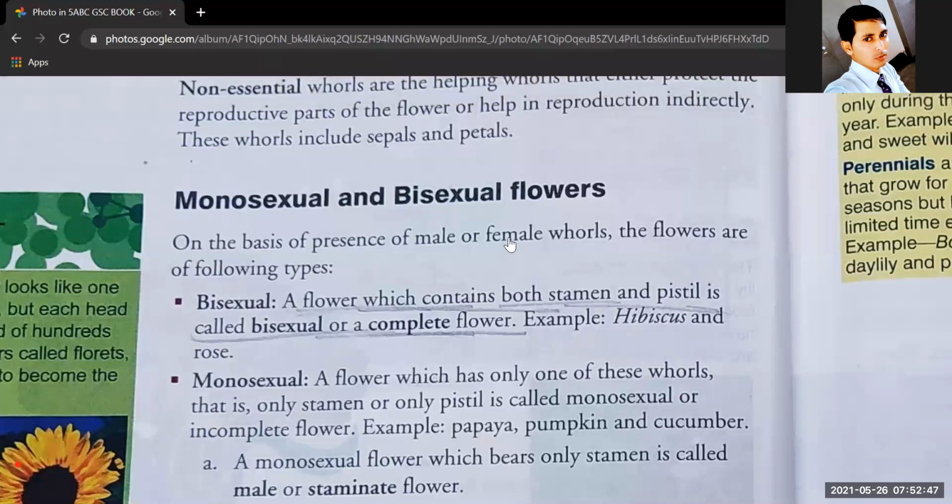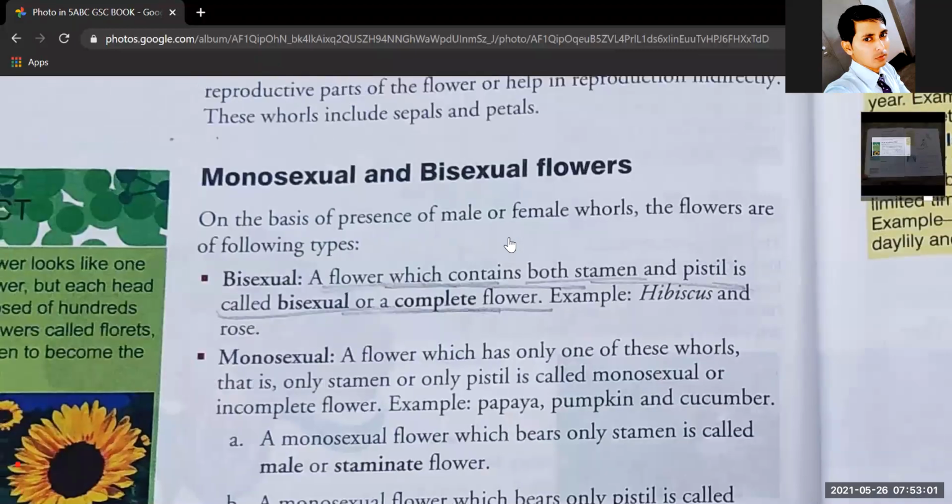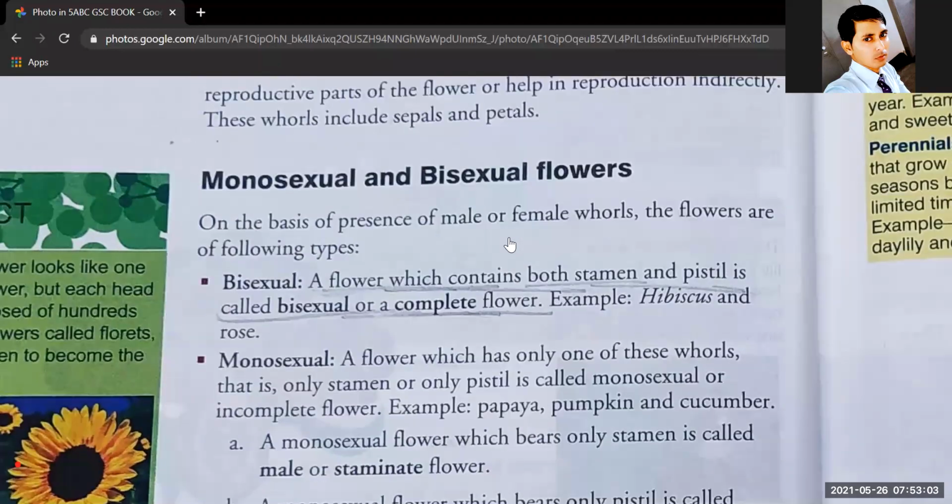Tell me, what is the male whorl? The male whorl is Androsium and the female whorl is Gynecium. We discussed it just now at page number 49, I think.